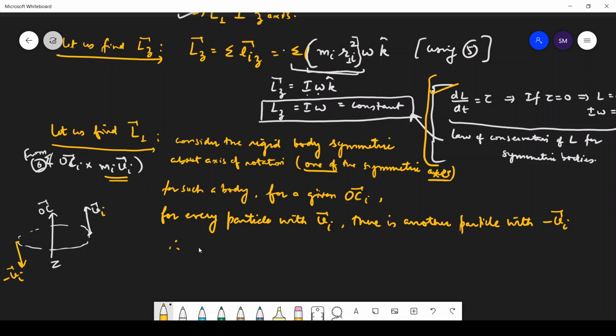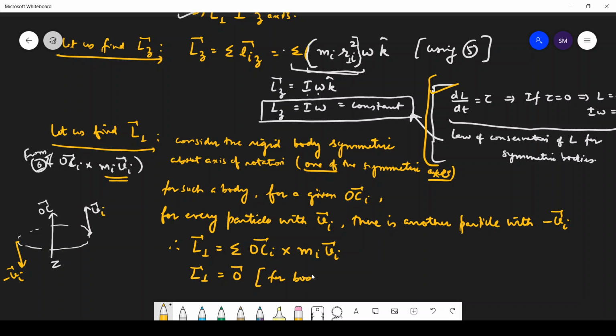When you are doing the summation L perpendicular, which is equal to summation OCI cross MI VI, one component you will get as positive and another component you will get as negative, so they will cancel out, and as a result you get L perpendicular is equal to 0. Now this is equal to 0, but there is a condition. It is only for symmetric bodies.